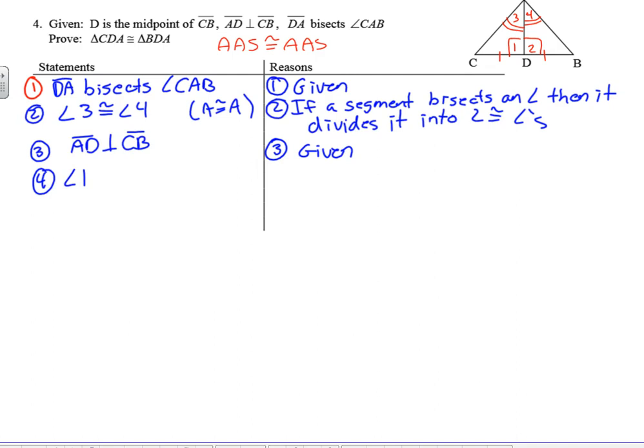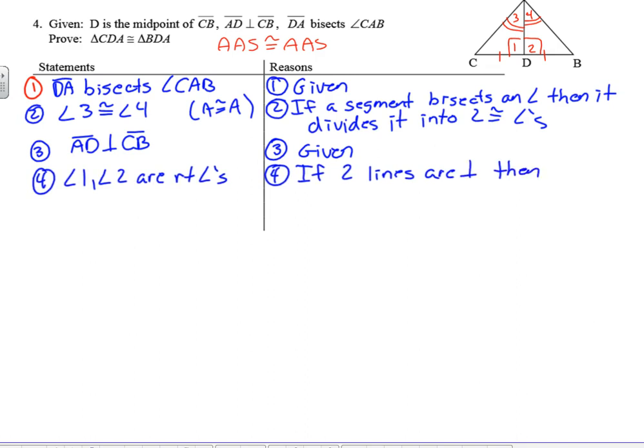So if you're following your proof terminology sheet, the first thing we say is angle 1 and angle 2 are right angles. And that's if two lines are perpendicular, then they form right angles.